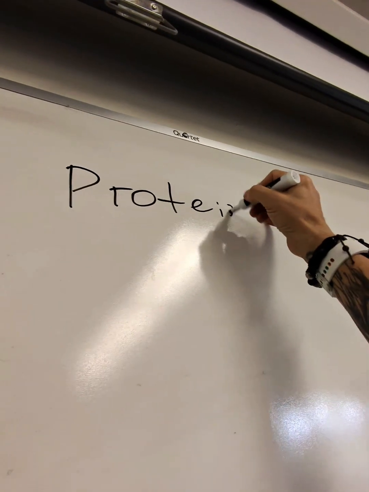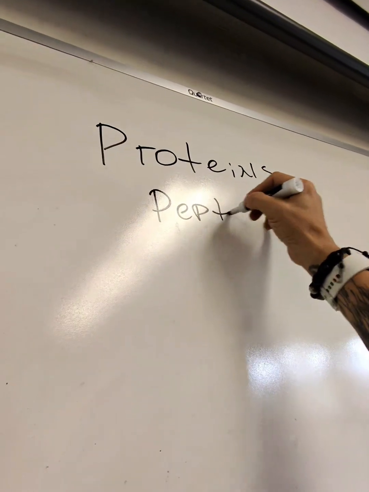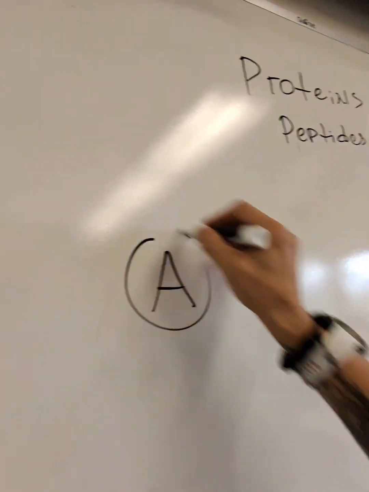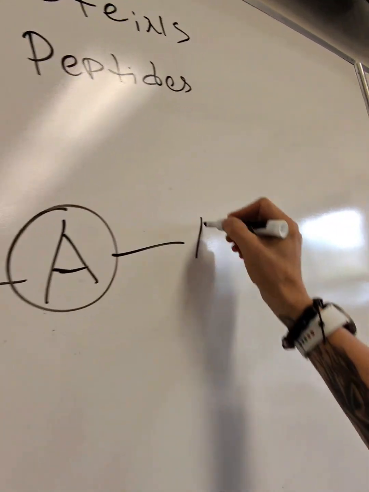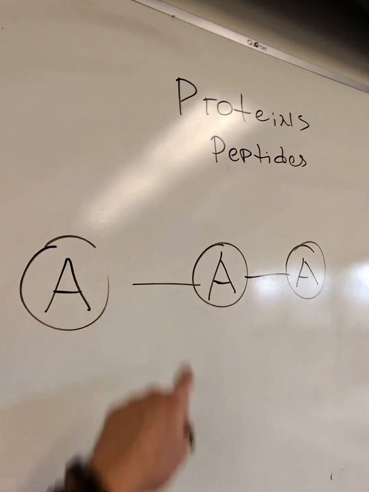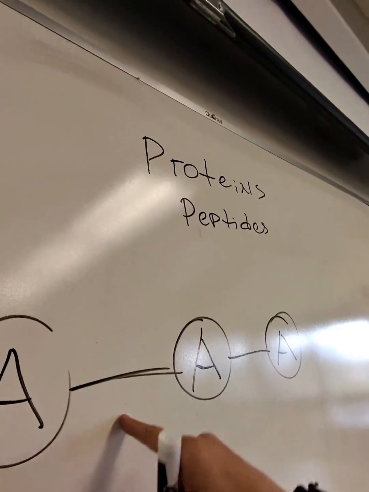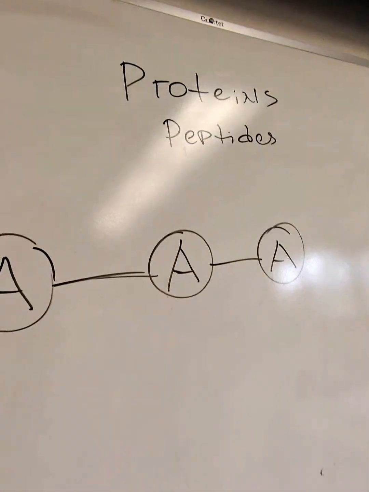Proteins or peptides. So proteins are made from amino acids. This bond is called a peptide bond. These are the peptides. You're making a protein.